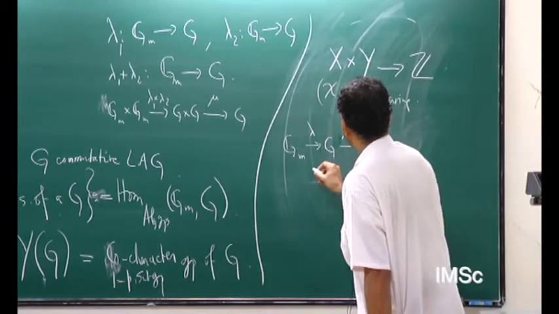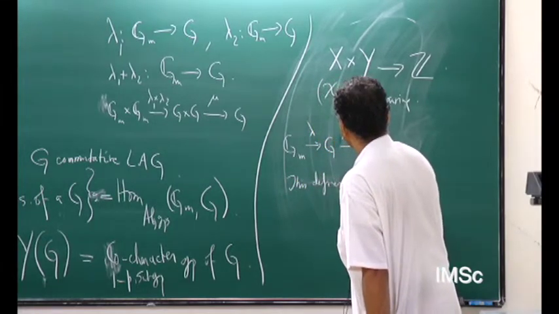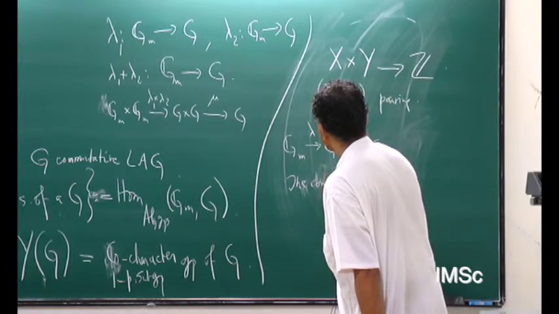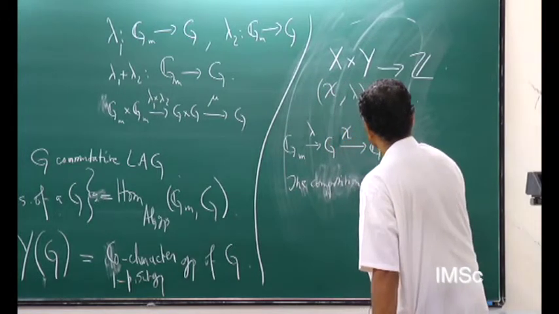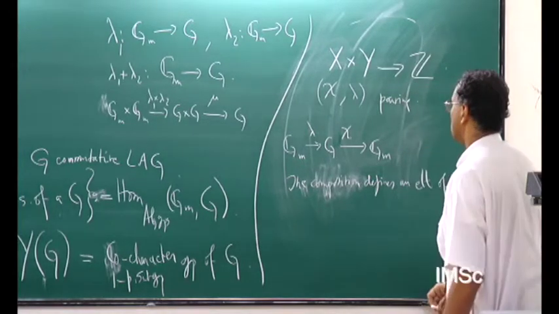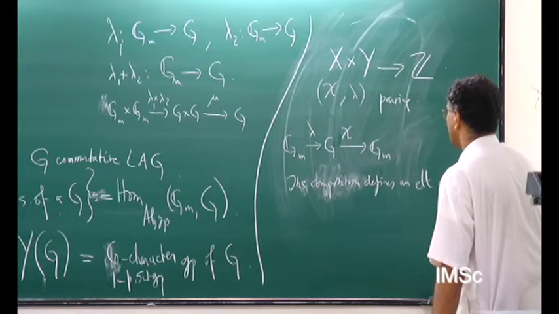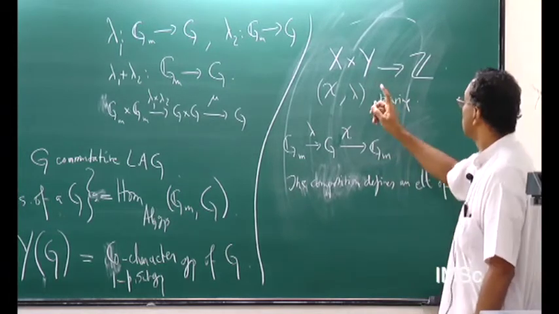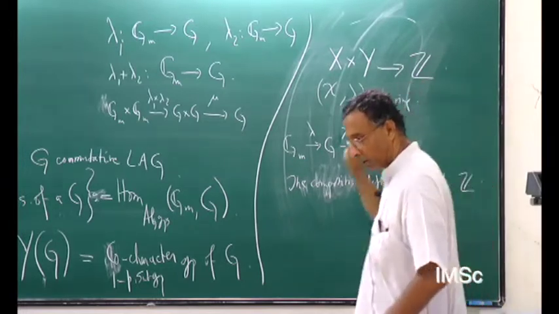So the composition defines an element of Z, so you get a pairing, just this map.